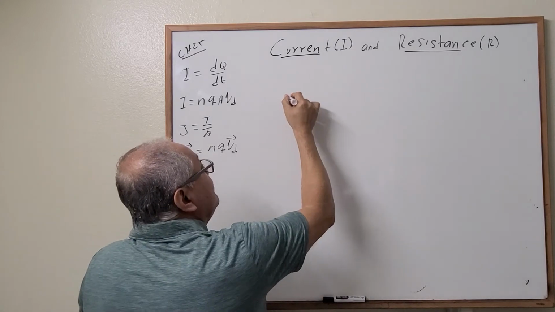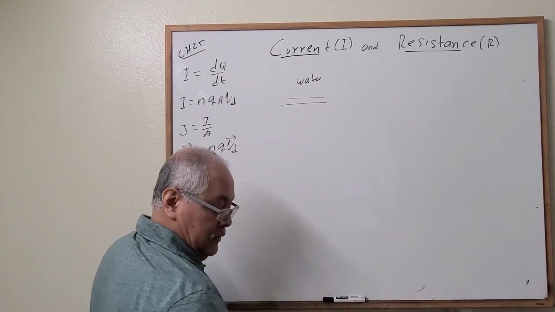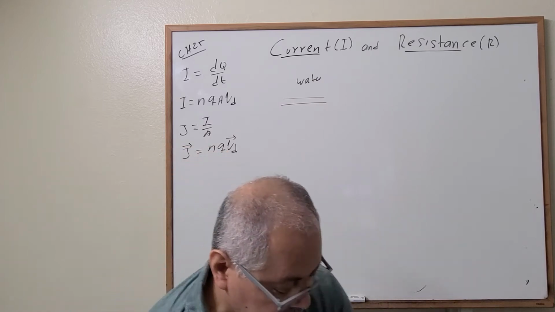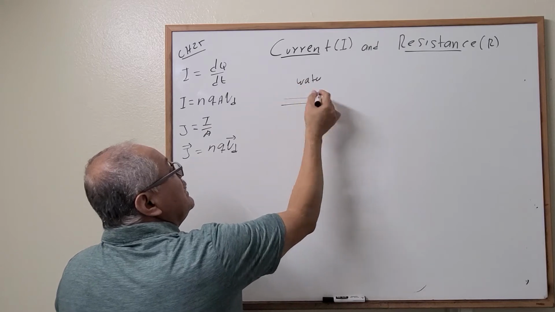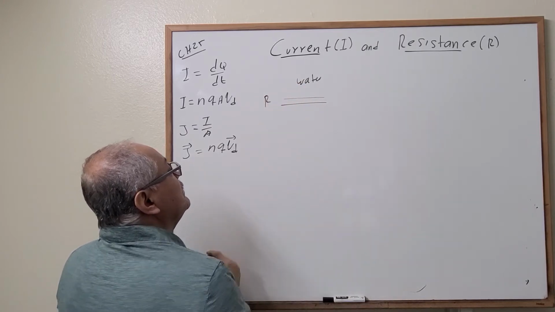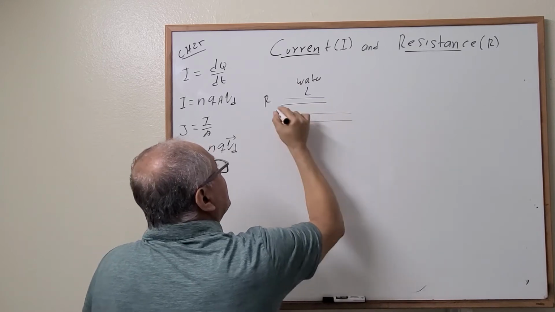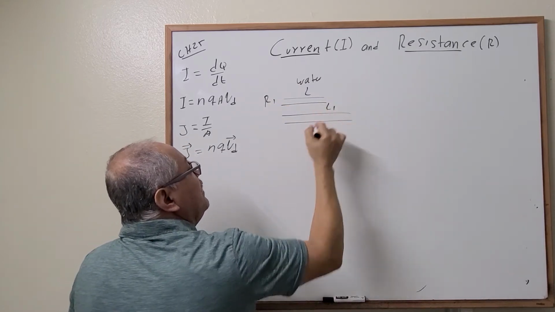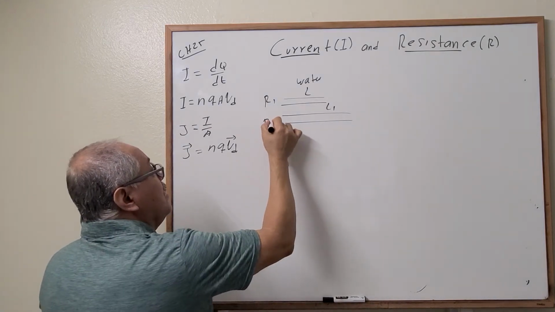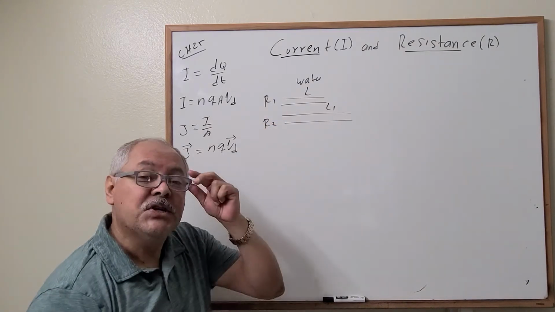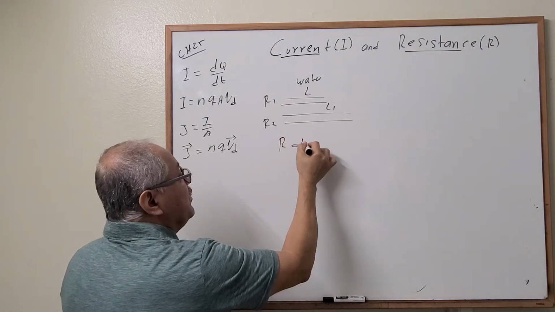If we have a pipe with water, this water produces a resistance for this length. What happens if we increase the length? Well, if the length of the pipe with water increases, the resistance increases too. So it means that the resistance is proportional to the length.